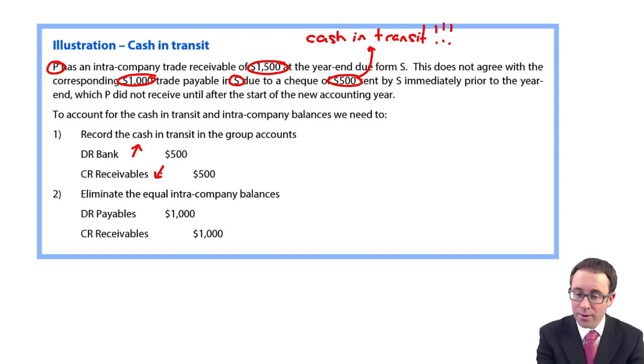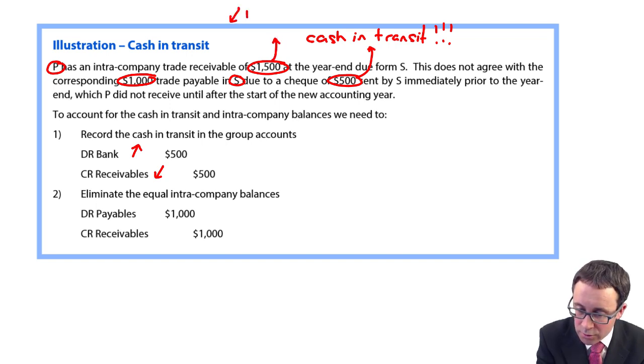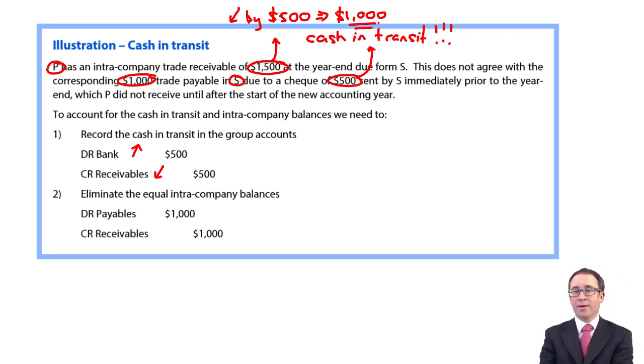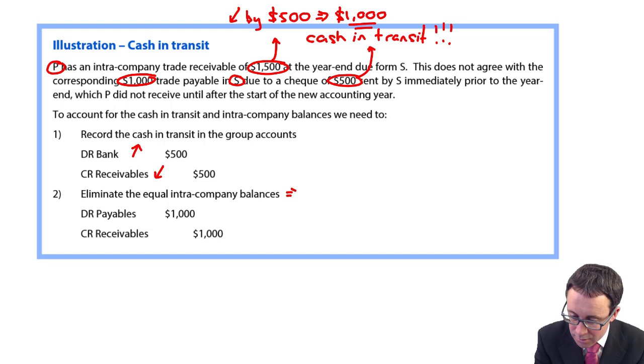Because what then happens is that this receivable will now go through there and reduce by $500. So it will now be $1,000.